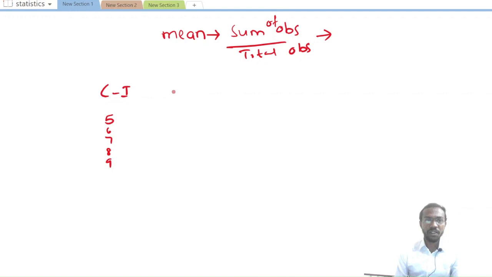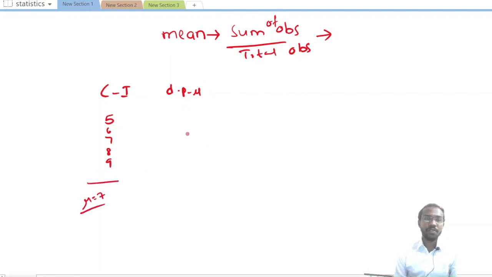The difference between data point and mu, with the mean being 7, is here 2, here 1, here 0, here minus 1, here minus 2.